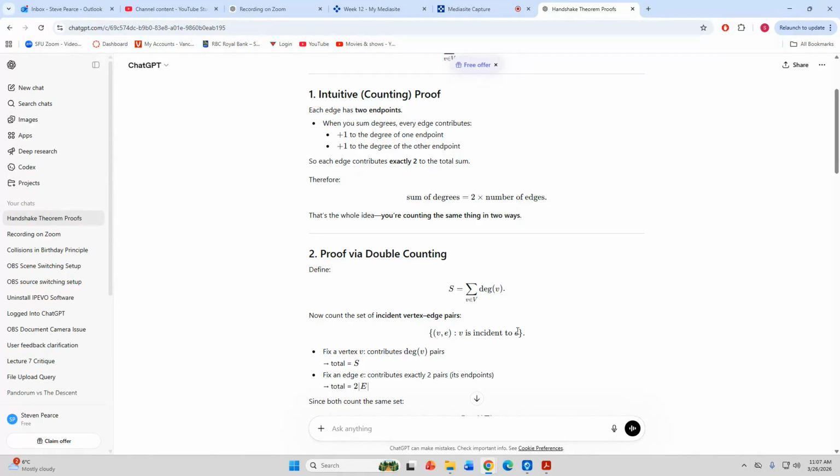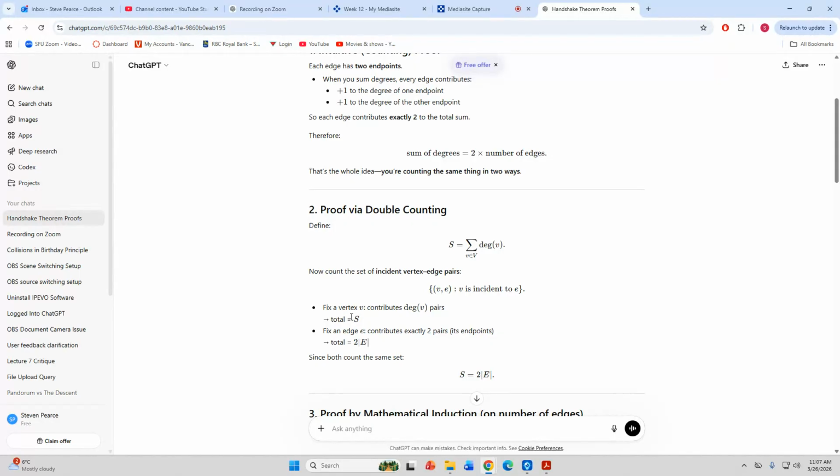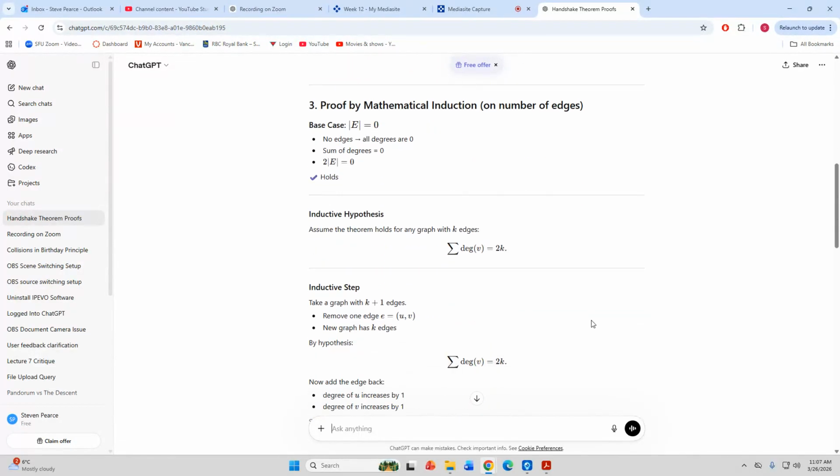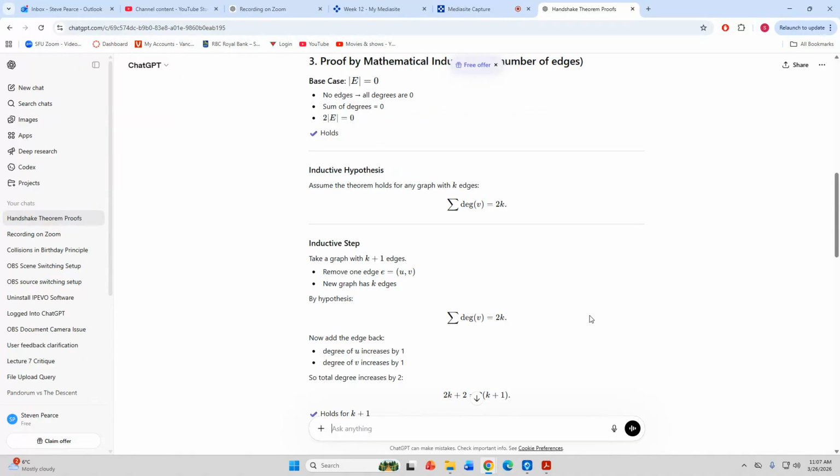(V, E), V is incident to E. For a vertex V, it contributes degree of V pairs, total S. Fix an edge E, it contributes exactly 2 pairs, its endpoints, total 2|E|. So both count the same set, S and 2 times the cardinality of E. So that's double counting. That's nice, using the edges and using the vertices.